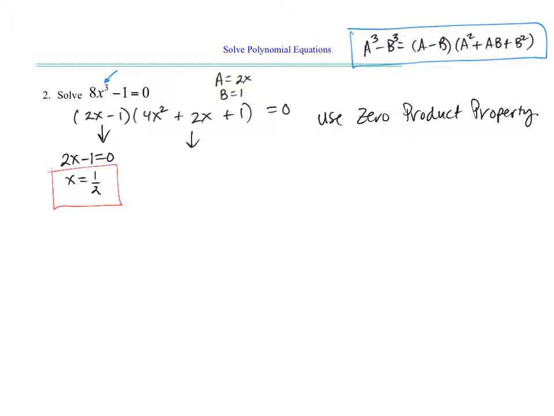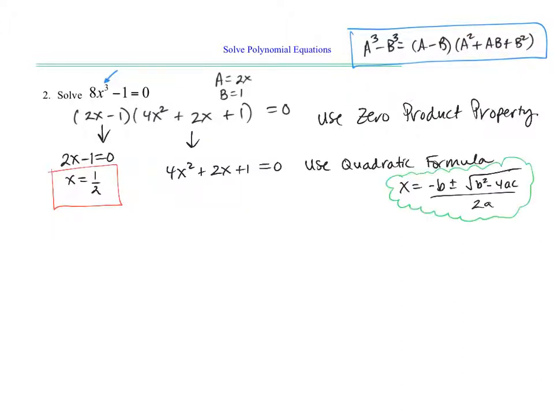And on this one, we would get 4x squared plus 2x plus 1 equals 0, and I'm going to use the quadratic formula to solve that. So I would get x is equal to the opposite of b, which is negative 2, plus or minus the square root of b squared, that's a positive 2 squared, minus 4 times a, which is 4, times c, which is 1, and that's all over 2 times a, which is 4.